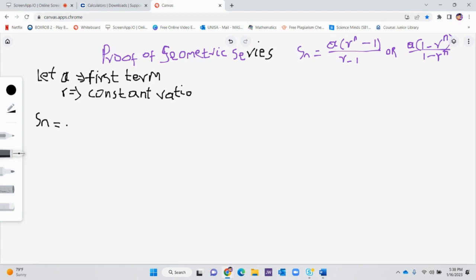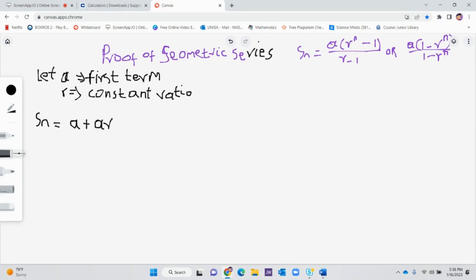We say Sn equals the first term, which is a, plus, how do we get the second term? We multiply it by the constant ratio, so that means we're going to have ar.